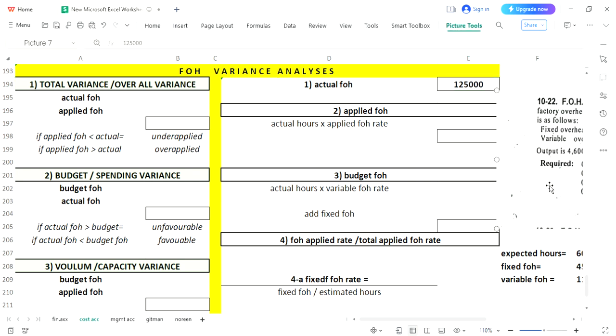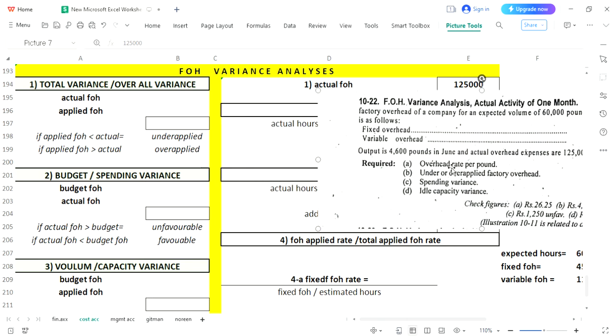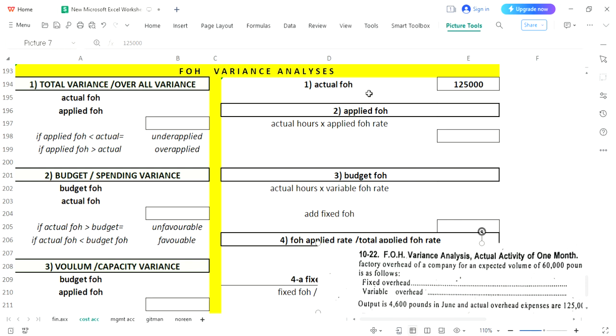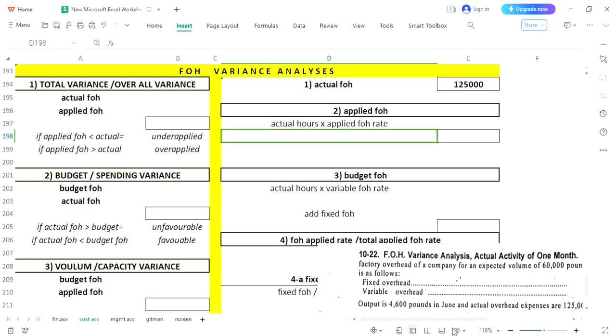You have read it from here. Okay, see it. What we have is output 46 and actual overhead 1,25,000. So you have posted it. Next is to calculate your applied FH. For that you need actual hours.